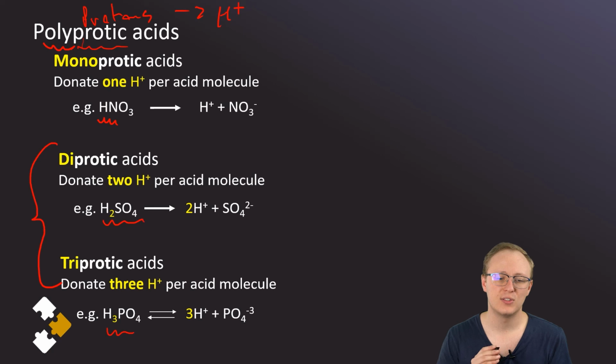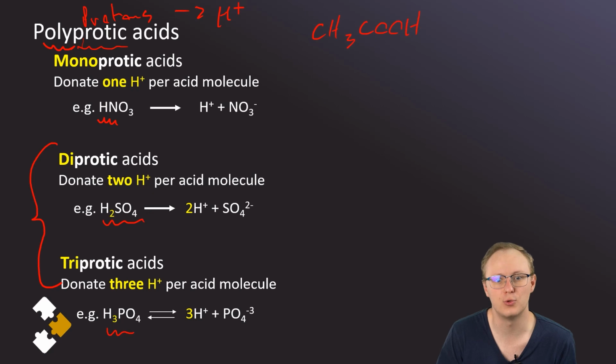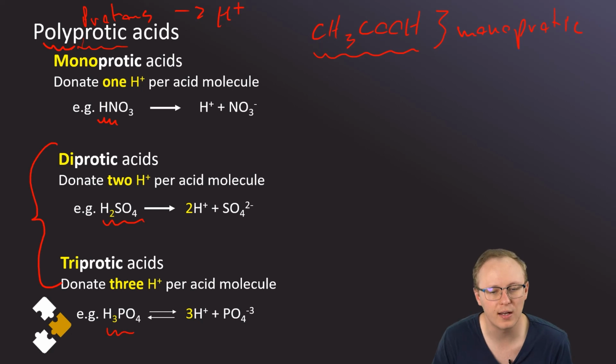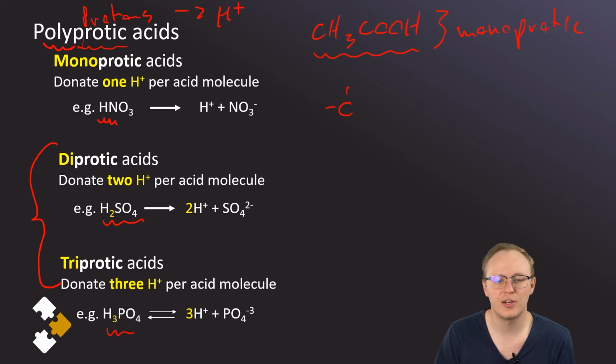Okay, now something interesting to note here is that ethanoic acid is one that is often confused, because ethanoic acid is actually monoprotic. Okay, so this is monoprotic, and you might be like, okay, but I count 1, 2, 3, and then 4. So you count 4 hydrogens, so why can't it give away those hydrogens? Well, the H's that are bonded to the C are basically just not up for grabs.